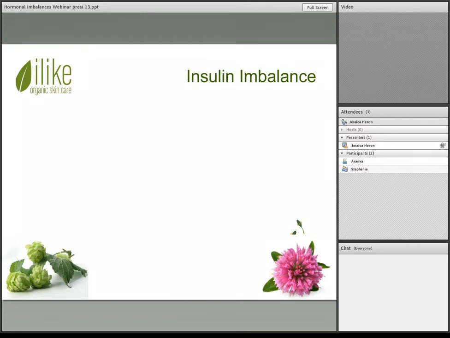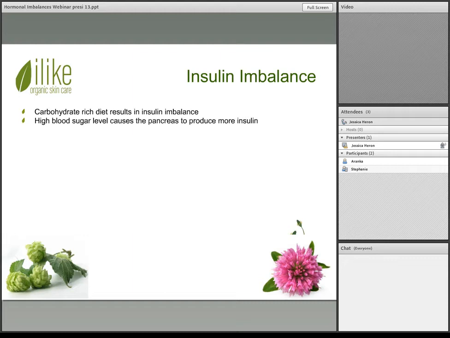Okay, so let's take a look at insulin imbalance. Research suggests that a carbohydrate-rich diet results in an insulin imbalance. High blood sugar level causes the pancreas to produce more insulin, and insulin, along with glucose, can trigger the release of the male hormone androgen.